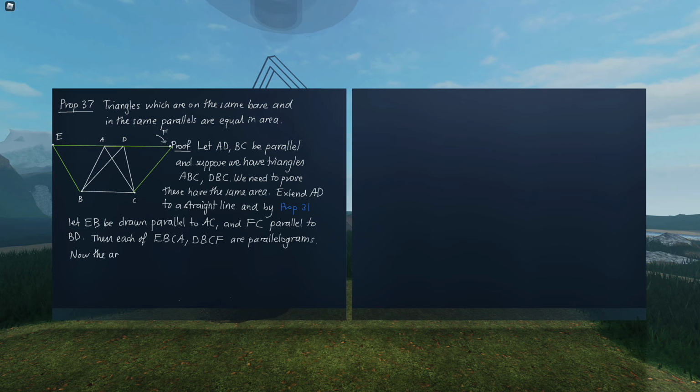All right. Now the area of the former, so EBCA, is twice the area of the triangle ABC. We prove that in proposition 34.